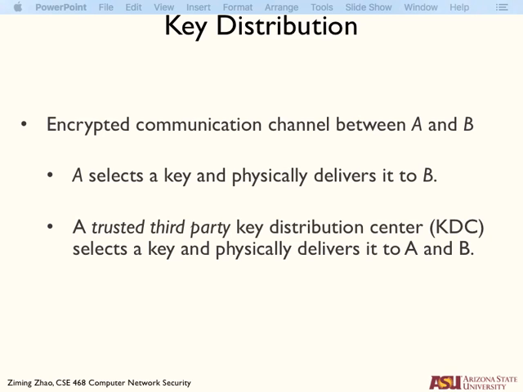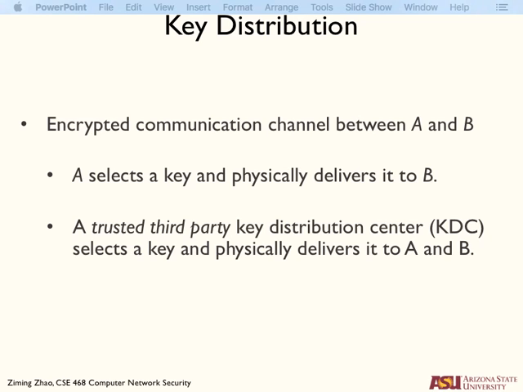Before the 1970s, the way to do that is somehow, magically, we have another secure channel, for example, an offline channel. If A wants to send a long encrypted message to B, A will first maybe physically deliver a key to B. And that physical delivery is kind of like a secure channel.